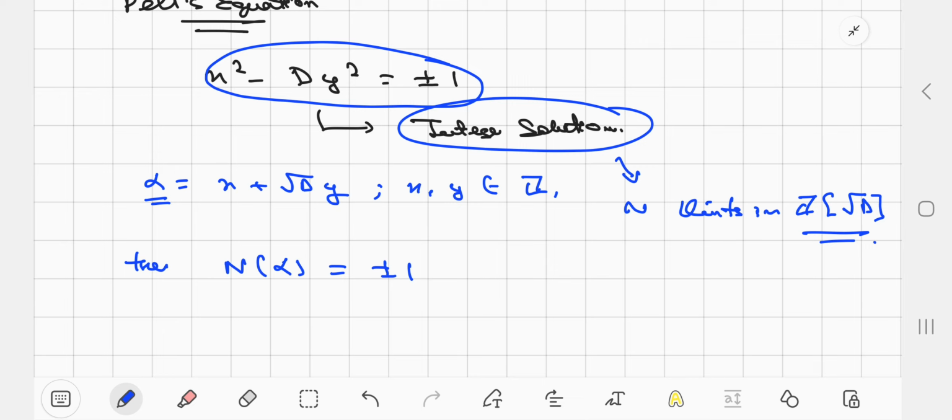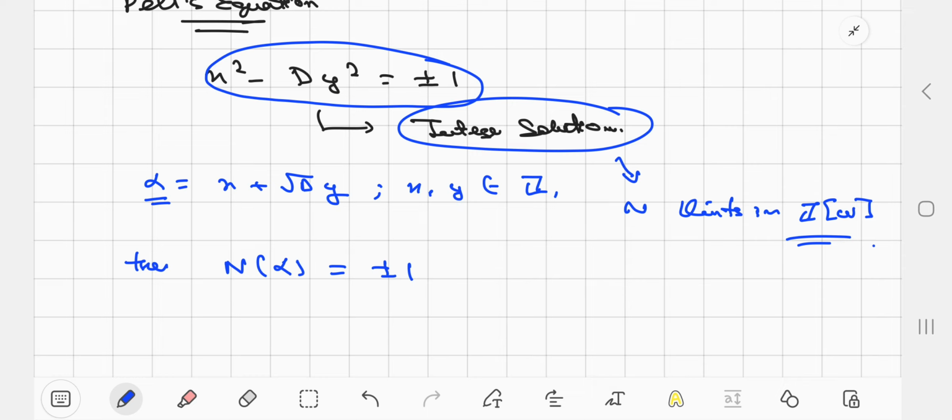Got my point? Or yeah, I shouldn't write Z root d, I should write Z[omega], specifically Z[omega], where omega has the exact definition as we were discussing throughout. Got it?